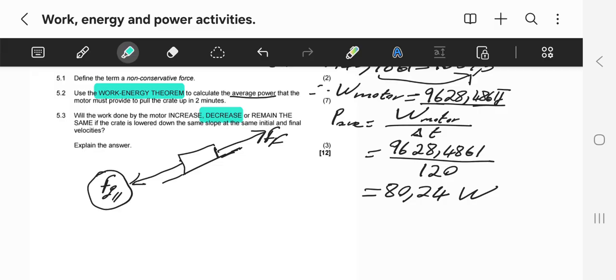It is now fighting against only one force that doesn't want it to do work, which is the force of friction. Yes, that's the best way to put it. You can just try to use your own English there, but that's how we answer this question.